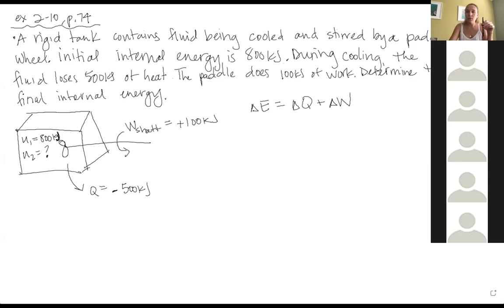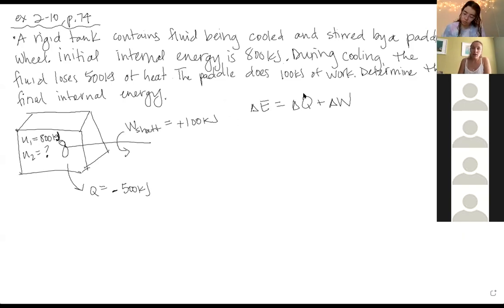But it can also be equal to our change in kinetic energy plus our change in potential energy plus our change in internal energy. These are just our basic energy equations that we've been working with.